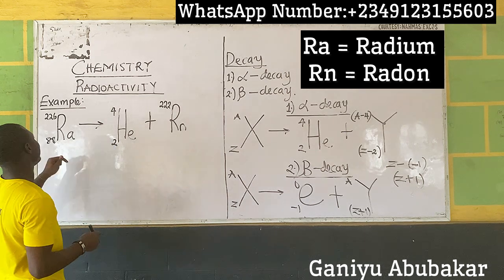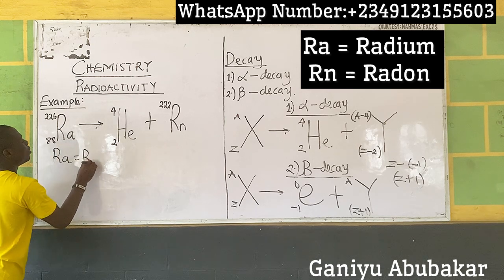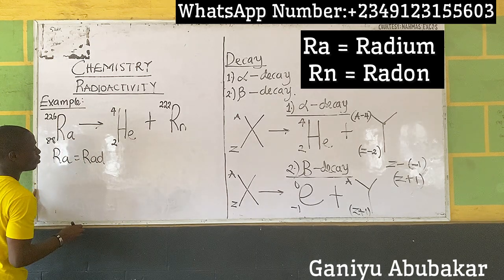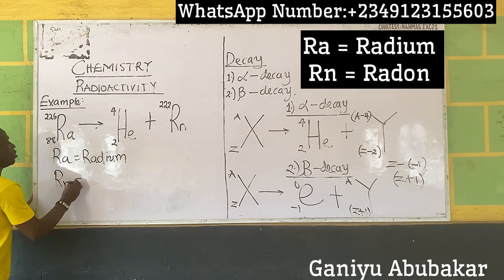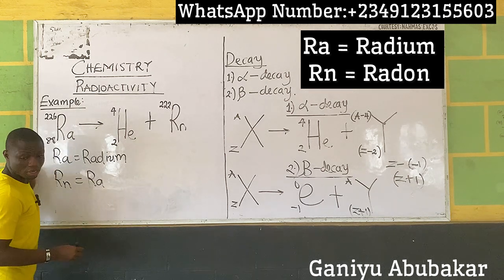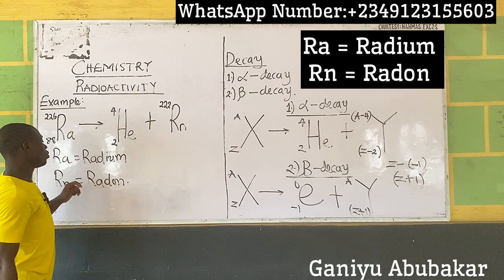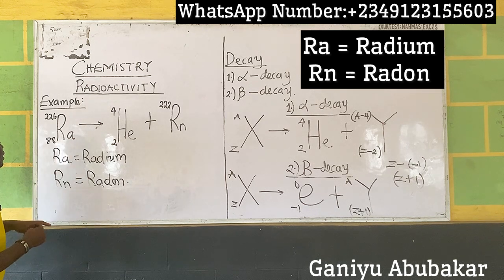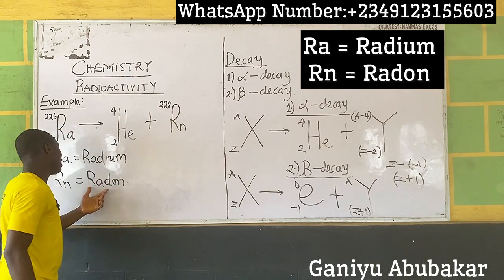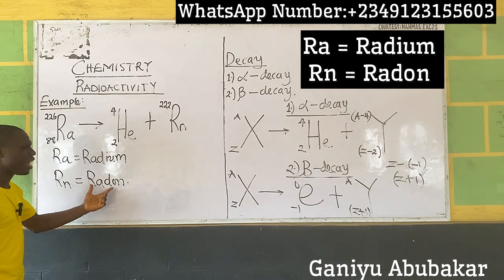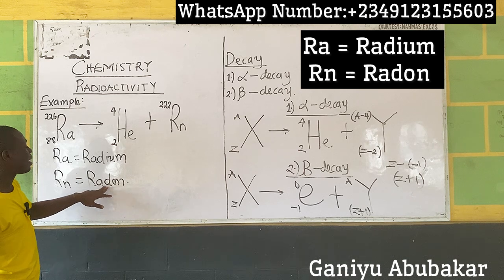Here's the concept: Ra is radium, and Rn is radon. Radium undergoes alpha decay to give a new element known as radon, which has mass number 222.